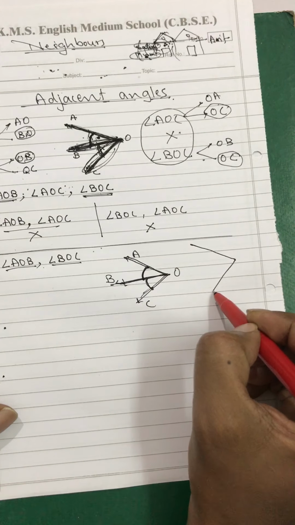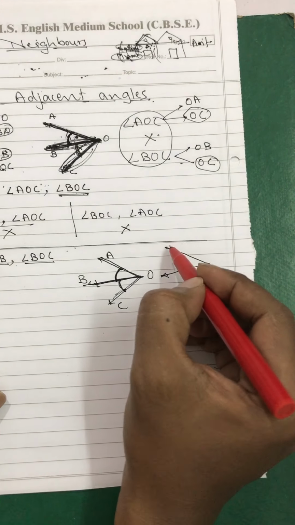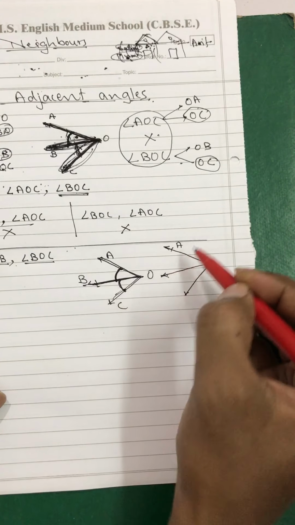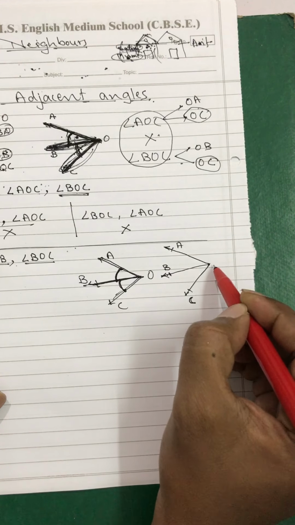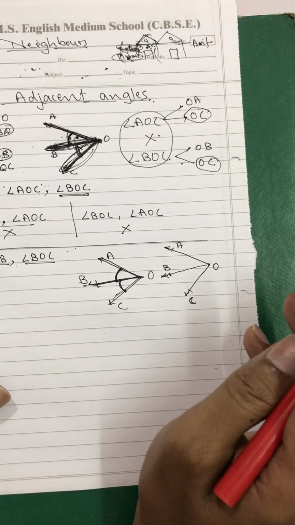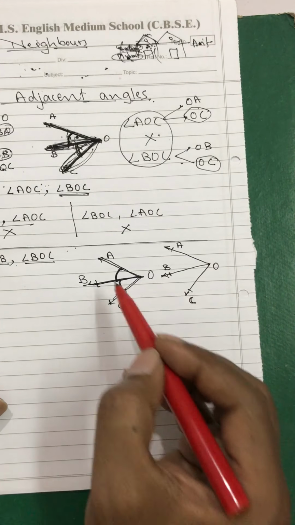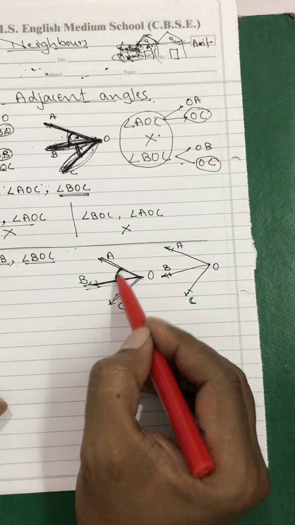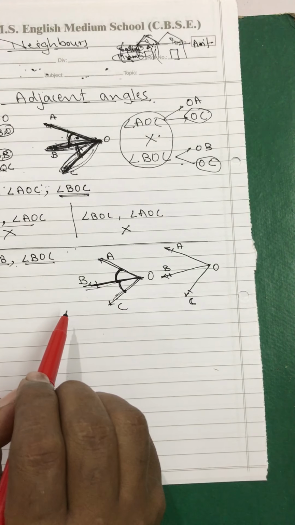Those who have understood may find it boring because I am just chewing on that topic again and again. But there can be some students who have not got the idea clearly, and I want to make their thoughts as clear as possible. Angle AOB and angle BOC go in continuity like this.